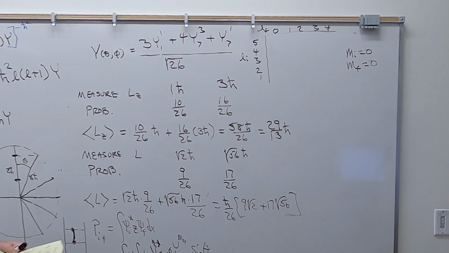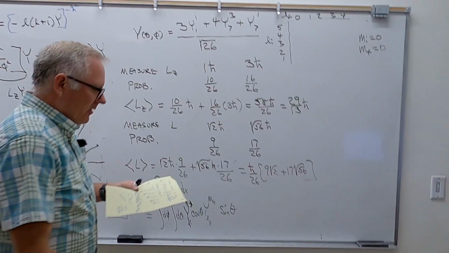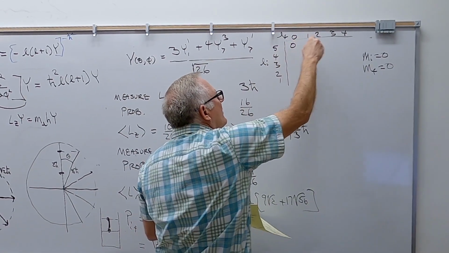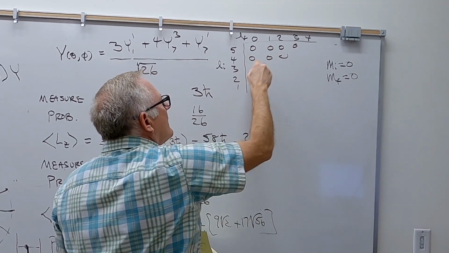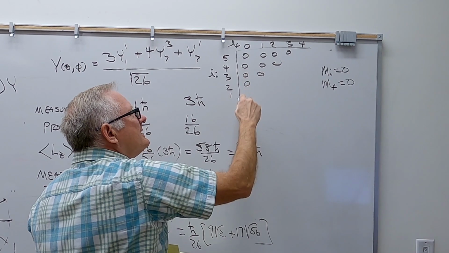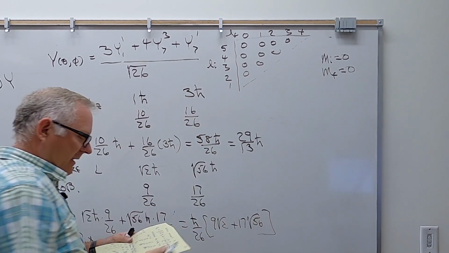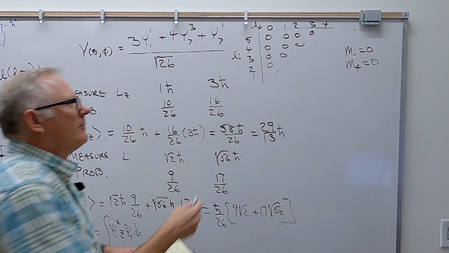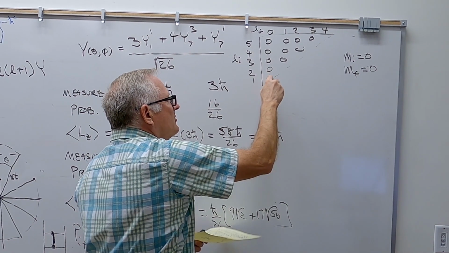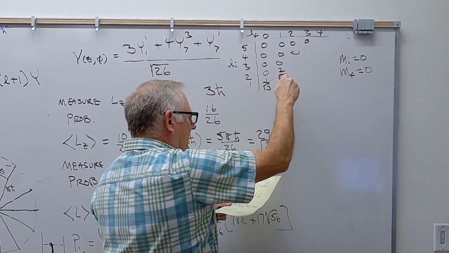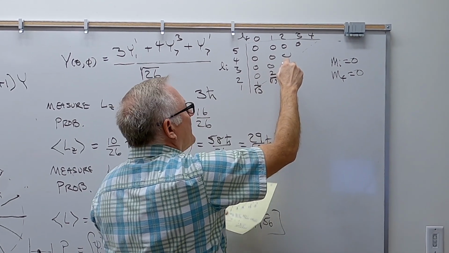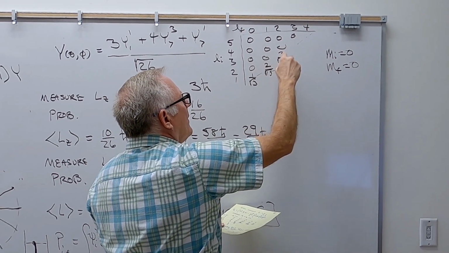When you make this table, you'll see that everything is zeros except for this last row right here. These are non-zero. This was something like 1 over the square root of 3, 2 over the square root of 15, 3 over the square root of 35.